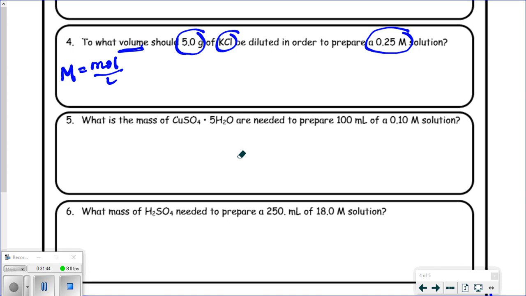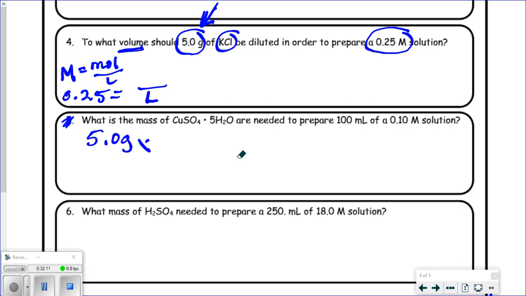So big M is 0.25. Mole, oh, we don't have moles, but we have grams. So that means we can get moles. And the liters, what volume, that is what I'm going to be solving for. But first I've got to get that mole up there. So I'm going to come down in the space where number 5 is.